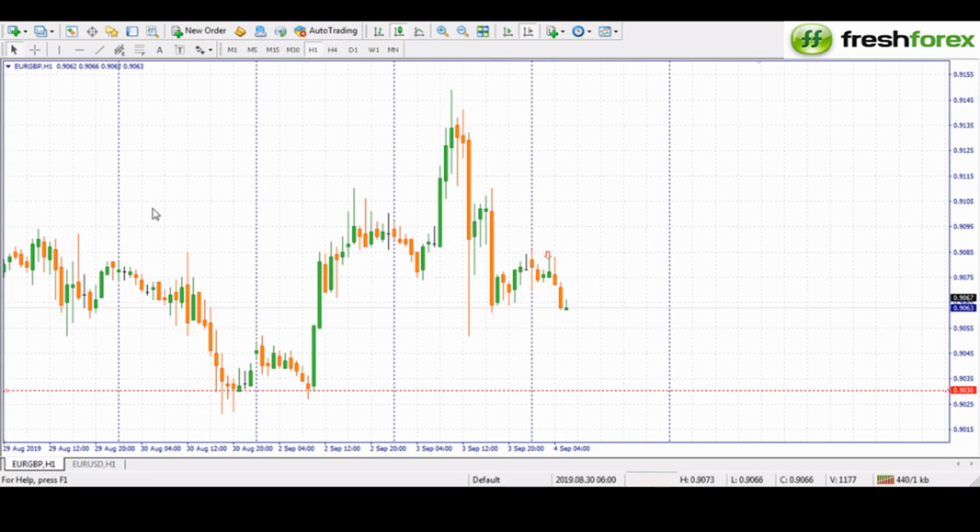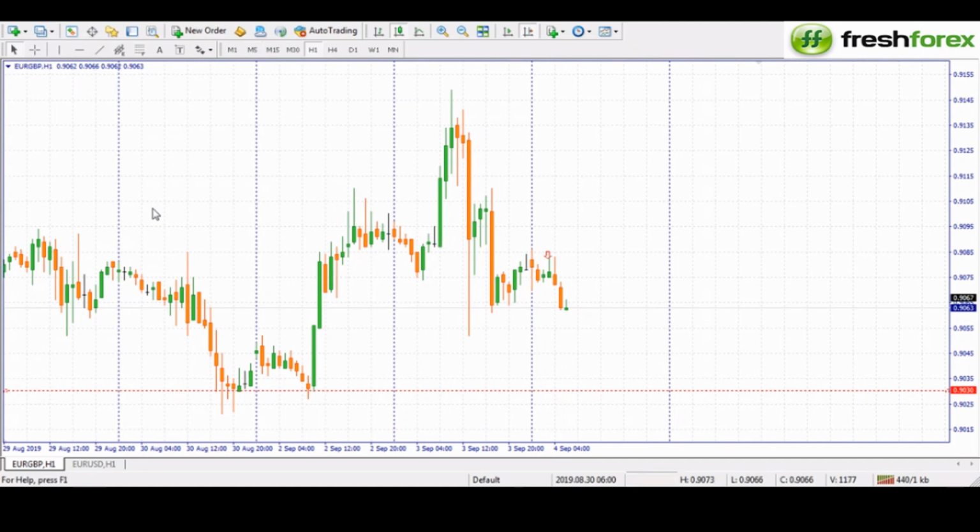So what you need to know is that you have to get the previous day's lowest low, then also get the previous day's highest high. So yesterday we traded within this range, and the previous day this was the highest high, then this is the lowest low.